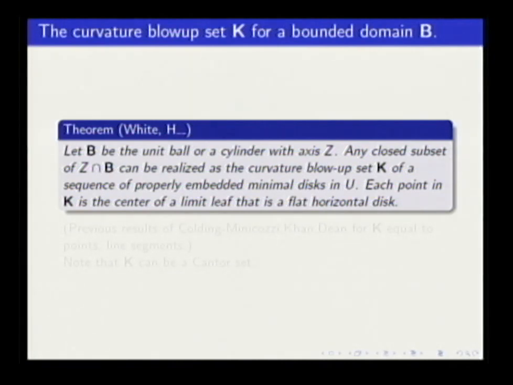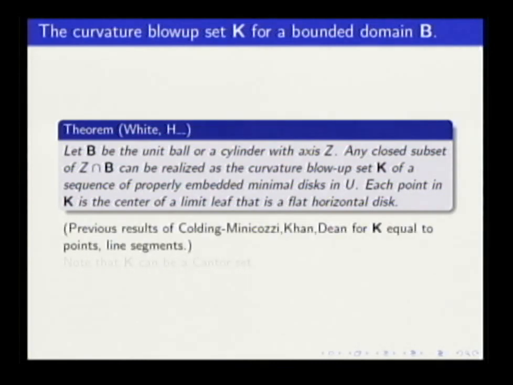And in this very symmetric case, through every point in the curvature blow-up set, the flat disk orthogonal to Z through that point is a limit leaf. In other words, the other leaves are spiraling into those disks. I'll say more about this later.